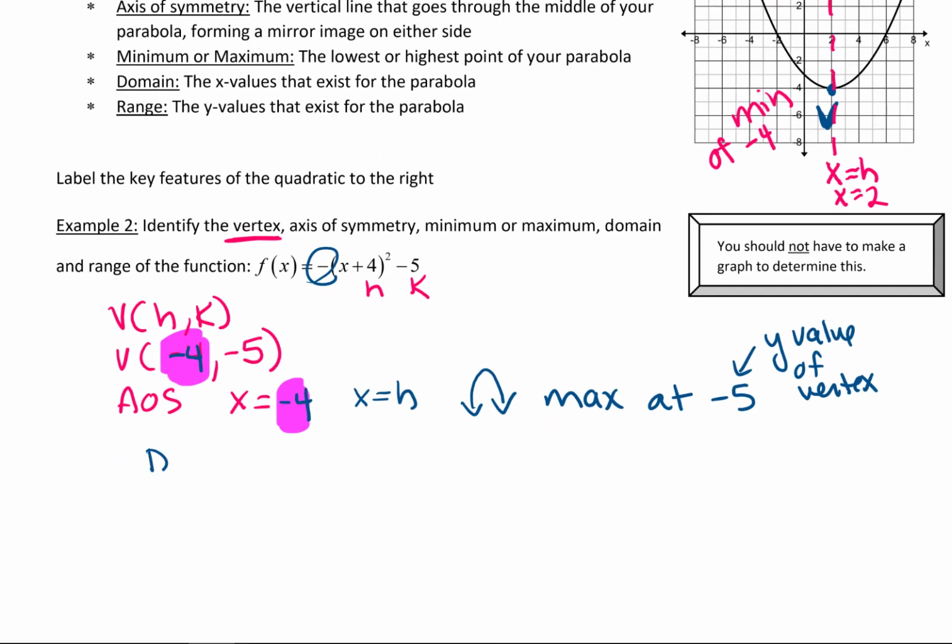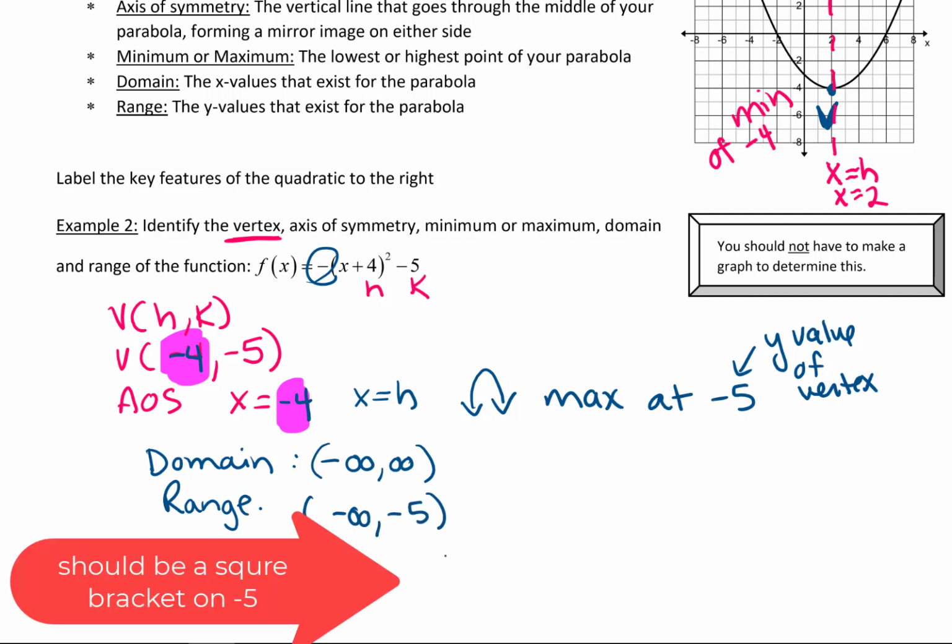The domain for all quadratics is -infinity to +infinity. And the range, well, if it's opening down, it's going to be -infinity up to -5, which is that maximum y value.